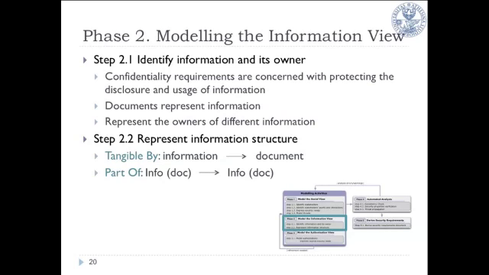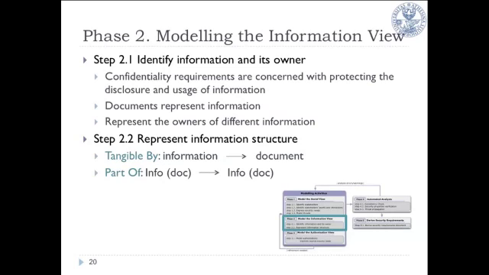The actors, stakeholders, who are also preserved from this social view together with their documents, and here we represent information and say who are the owners of this information. Moreover, we represent also information structure. So, as I said, which is the informational content of a given document? So, which document represents an information?